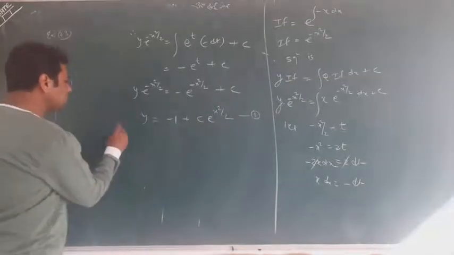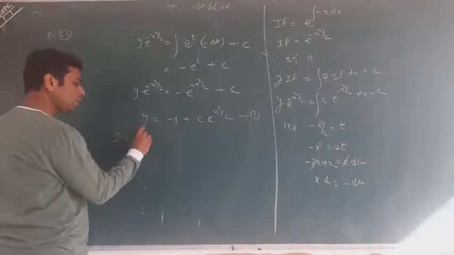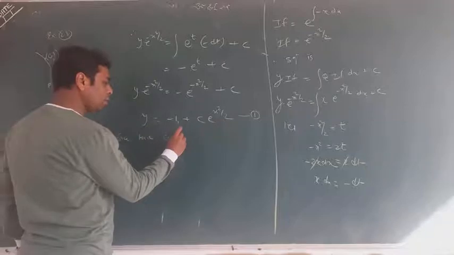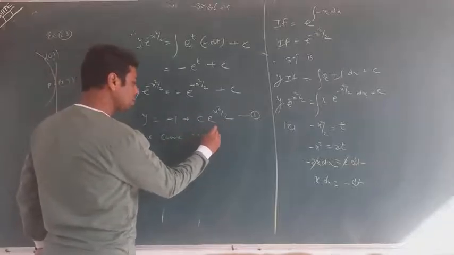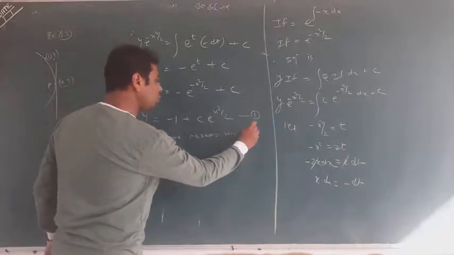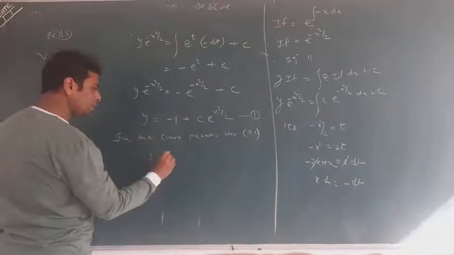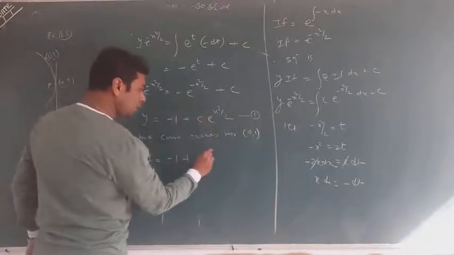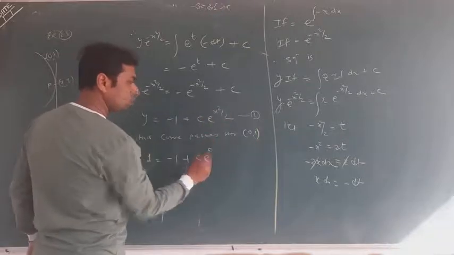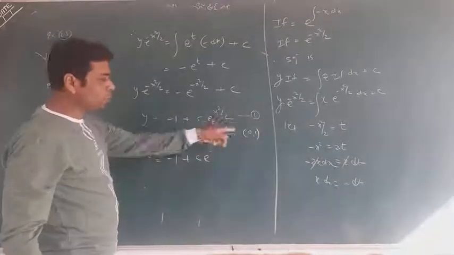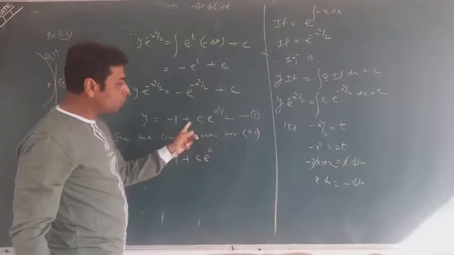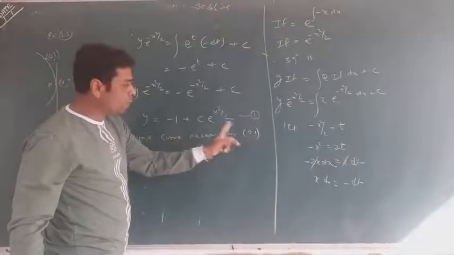So we will write: since this curve passes through the point (0, 1), this point will satisfy the equation. So y is 1, and x is equal to 0. You know this curve is passing through this point, so the point will satisfy this.